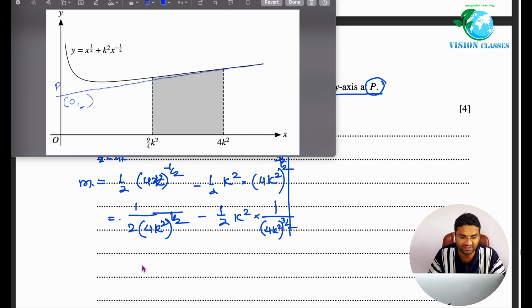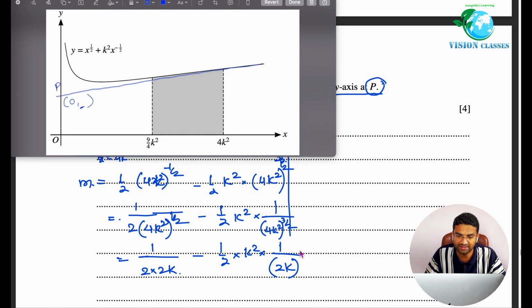Now if you simplify, the square root of 4 is 2 and of k square is k, so you will get 1 upon 2 times 2k, minus 1 upon 2 k square times 1 upon the cube of the square root of 4k square, which is 2k cubed.